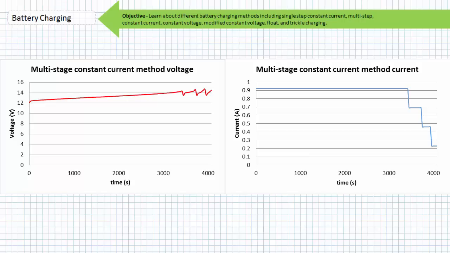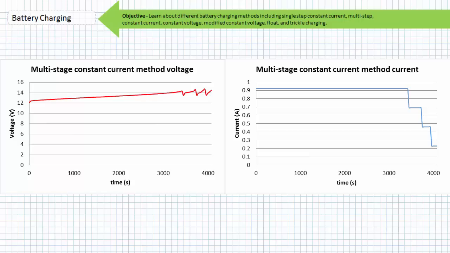Recognizing this limit, the charger switches over to the second constant current stage, characterized by a 0.3 C20 charge rate. In this case, 0.3 times 2.3 is 0.69 amps, or 690 milliamperes. The charger maintains this reduced charge rate for a comparatively short period, during which the battery voltage again steadily rises to the gassing voltage of 14.4 volts.